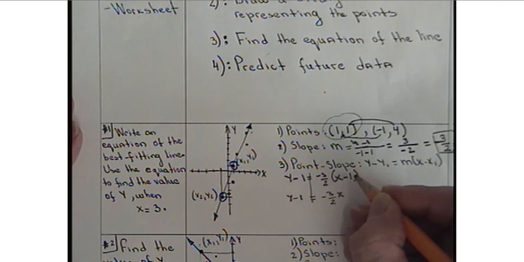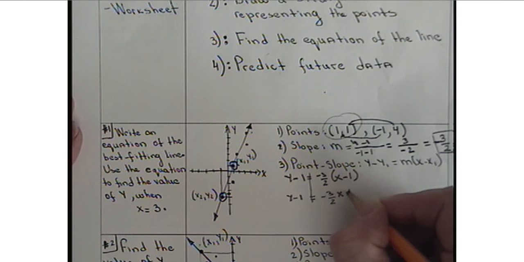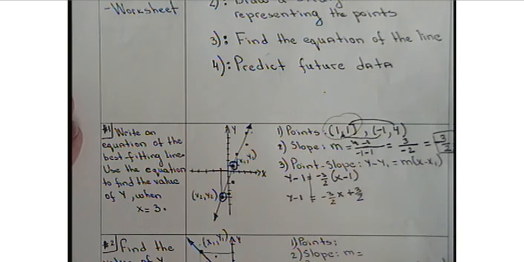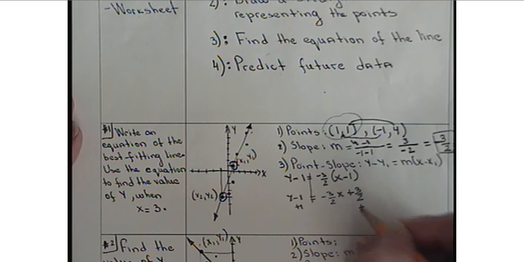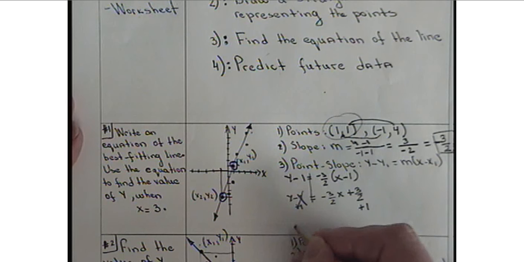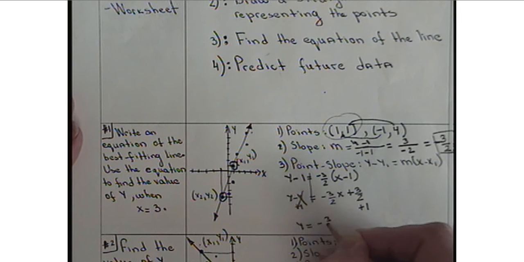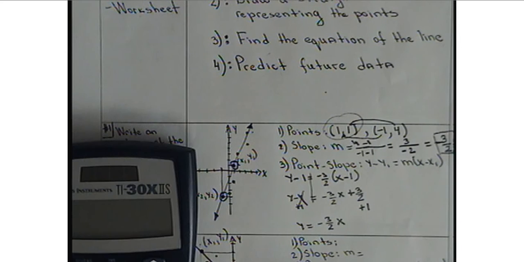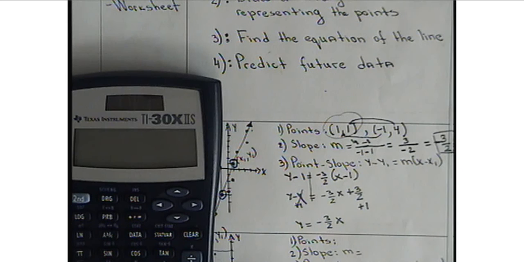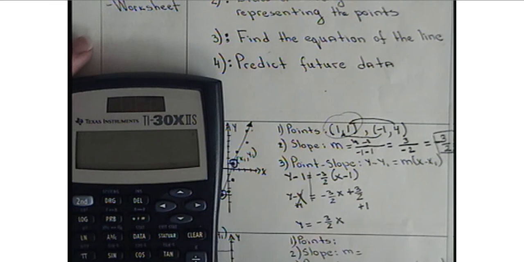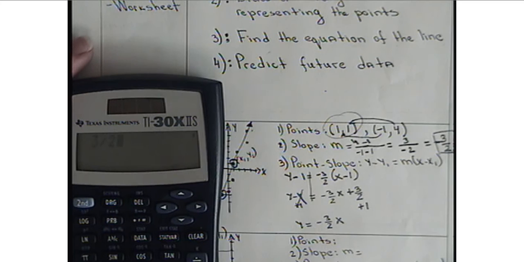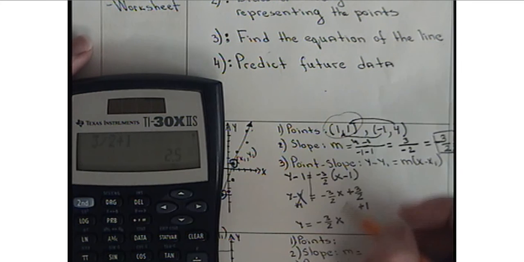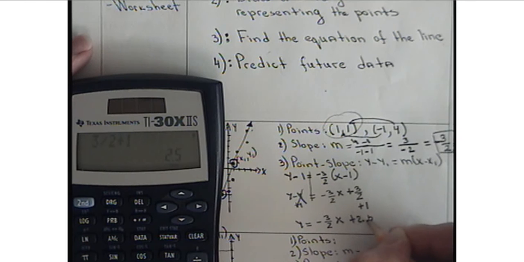Negative 3 over 2 times negative 1 will be just positive 3 over 2. Then we're going to add 1 to both sides. This cancels. So y is equal to negative 3 over 2x. And remember, because of all those weird numbers for the y-intercept, you've got to use the calculator. So we're going to say 3 divided by 2 plus 1 gives us 2.5, so plus 2.5.